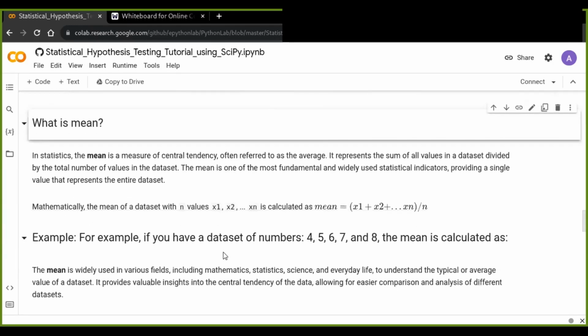Mathematically, the mean of a dataset with n number of values, x1, x2 up to xn, is calculated as the sum of the values divided by the total number of elements.